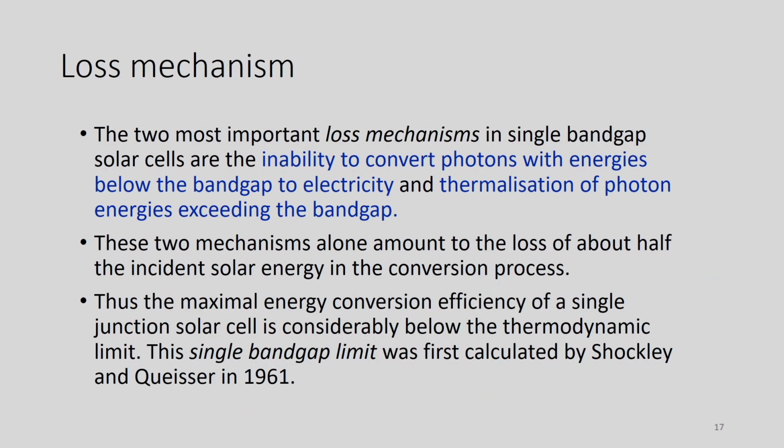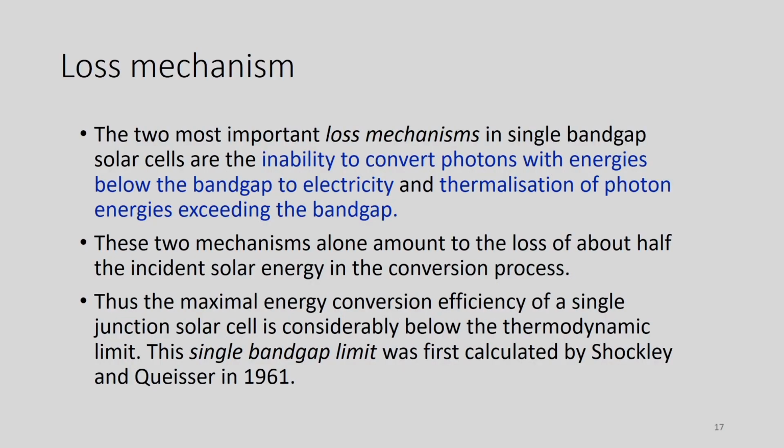So, let us now discuss loss mechanisms, okay. As far as loss mechanisms are concerned, we have two most important loss mechanisms in single band gap solar cells. Number one is the inability to convert photons with energies below the band gap to electricity, and the second one is thermalization of photon energies exceeding the band gap, okay.